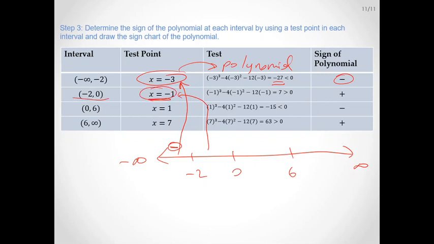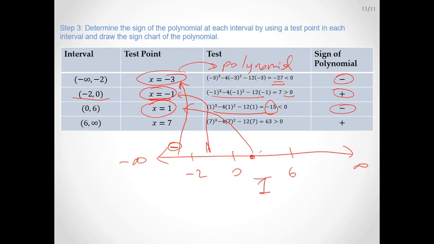So pick minus 1 from here, then put it in the polynomial. It's positive. And okay, you can take here, 1 is somewhere here, right? So you take this point, put it in the polynomial, and you got negative 15. So you say it's negative.